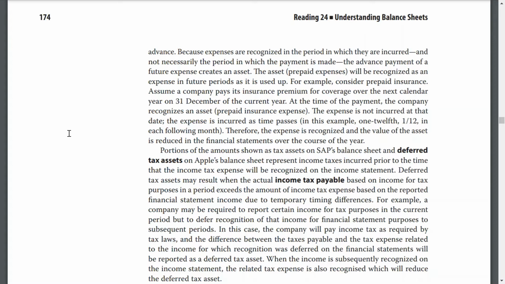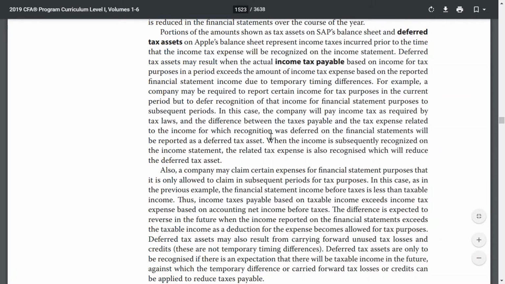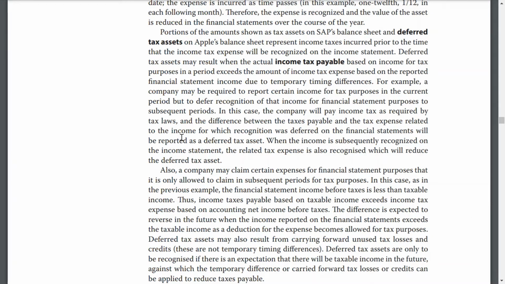Deferred tax assets may result when the actual income tax payable, based on income for tax purposes in a period, exceeds the amount of income tax expense based on the reported financial statement income, due to temporary timing differences. For example, a company may be required to report certain income for tax purposes in the current period, but to defer recognition of the income for financial statement purposes to subsequent periods.